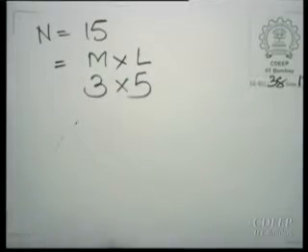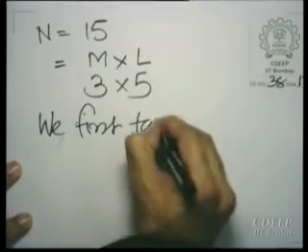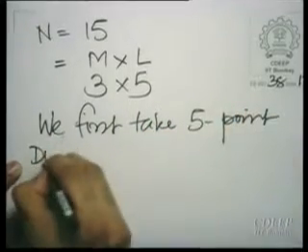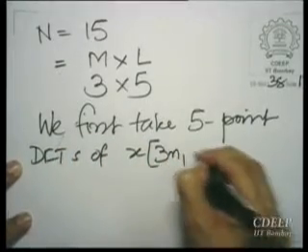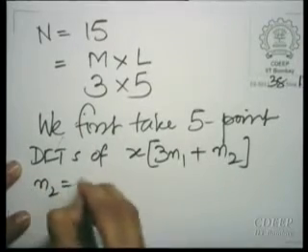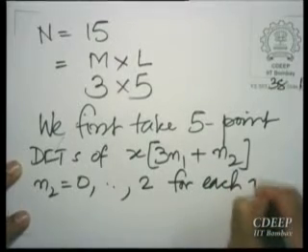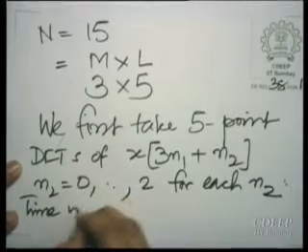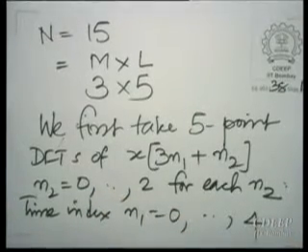So, we first take 5-point DFTs of x 3 n1 plus n2, n2 going from 0 to 2, and the time index is n1 going from 0 to 4 as expected.